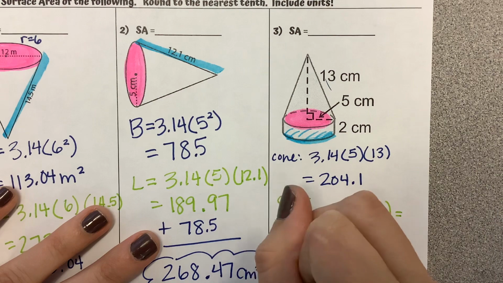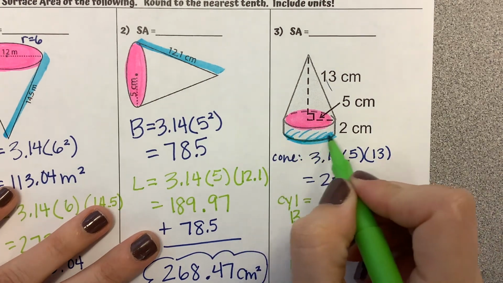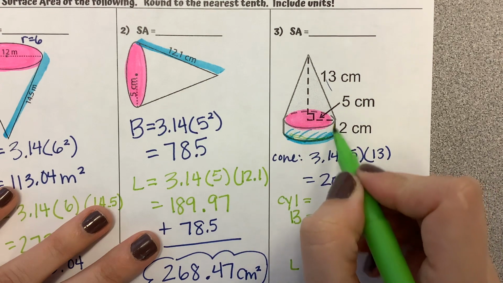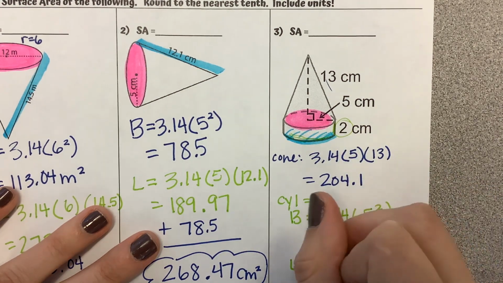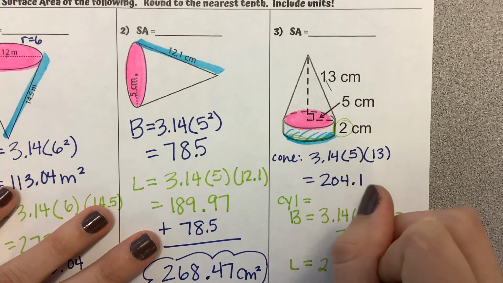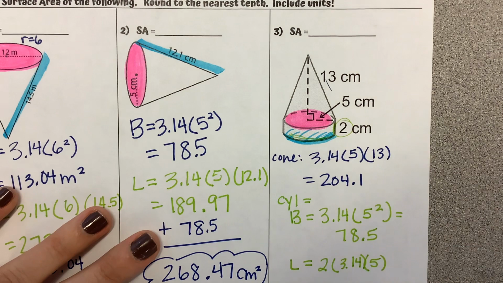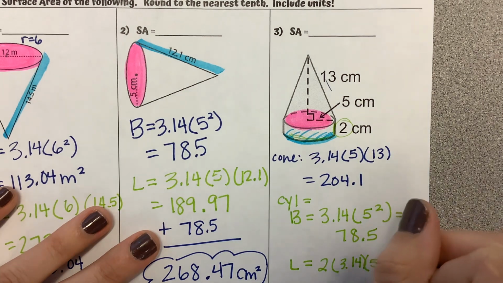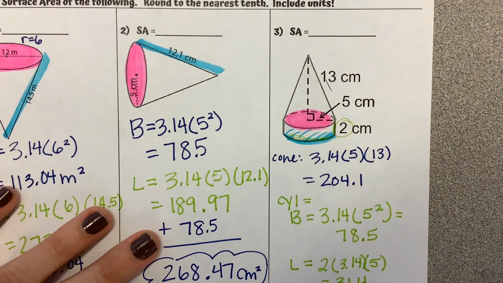Now I'm looking at my lateral surface area, which remember is that circumference, because it's the distance around the circle, times the height. So for our circumference, I'm doing 2 times pi times our radius of 5, which gives me 31.4.